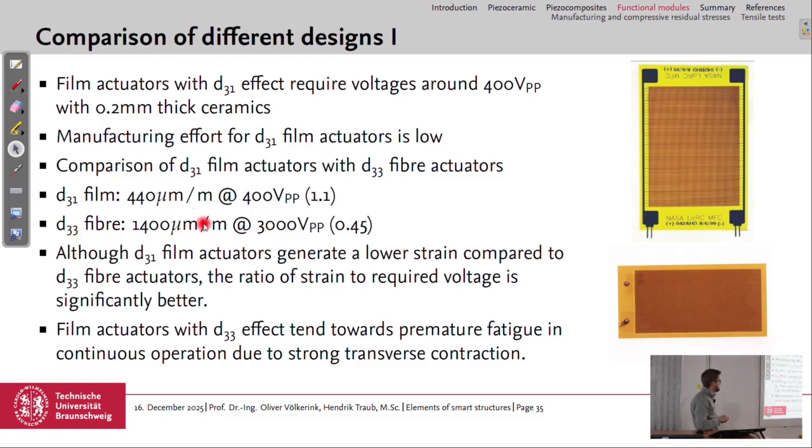So these fiber actuators are able to elongate more, but we need a higher voltage. Here it's factor 2: we need 2 volts per micrometer, and here we need nearly 1 volt per micrometer to elongate them. So the ratio of strain to required voltage is better for the D31 film actuator.